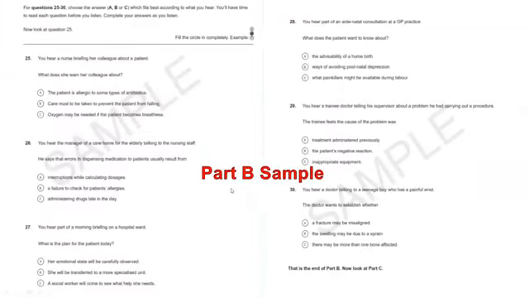After that, here's a Part B sample. There are 6 questions, 6 MCQs. So this is the start of Part B, and of course there will be a time gap, so you have to manage your time properly.